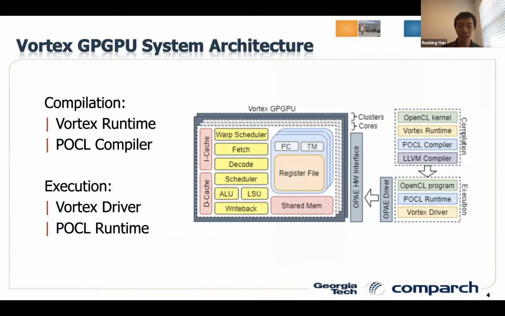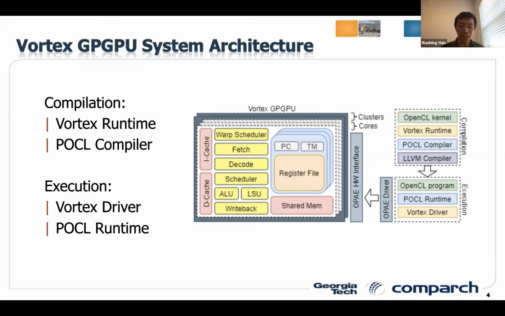So to support Vortex as a new backend to POCL, we need to care about the following parts. For the compilation part, we have to care about the Vortex runtime for the POCL compiler. And for the execution part, we need to do some modification to the POCL runtime, and also provide POCL with our Vortex driver so that POCL can use it to interact with the Vortex backend. Vortex programs have a different interface from other devices.